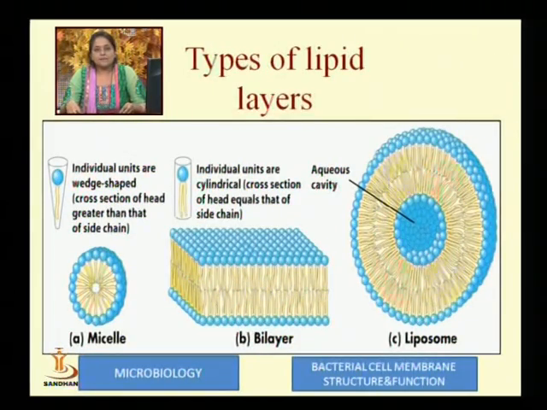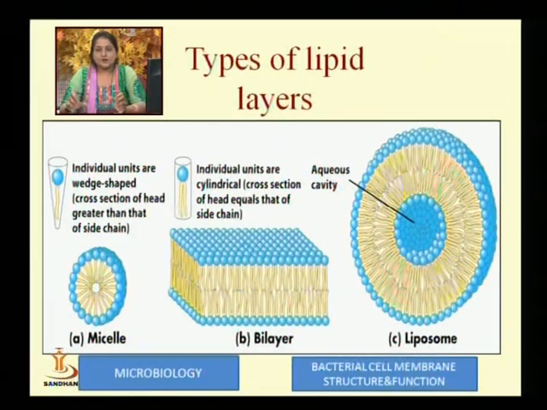Now, let's see the types of lipid layers. Generally, we find three types of lipid structures when we mix water with lipid. The first one is known as a micelle. Micelle means what? When you add an amphipathic lipid into water, the hydrophobic chains of the fatty acids are sequestered in the core of a sphere, and that is known as a micelle. The second type is the bilayer.